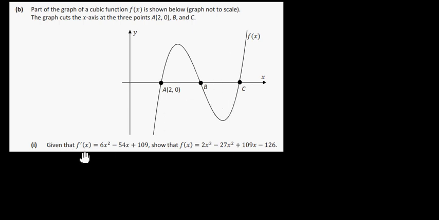We're told that if we differentiate this function, we get 6x squared minus 54x plus 109, and we've got to show that f of x is 2x cubed minus 27x squared plus 109x minus 126. So all we've really got to do is the opposite of differentiation. We've got to integrate.